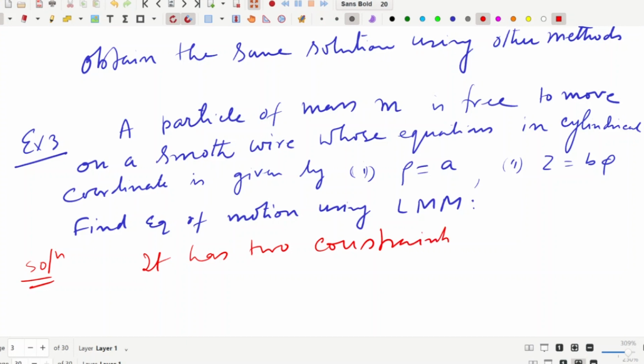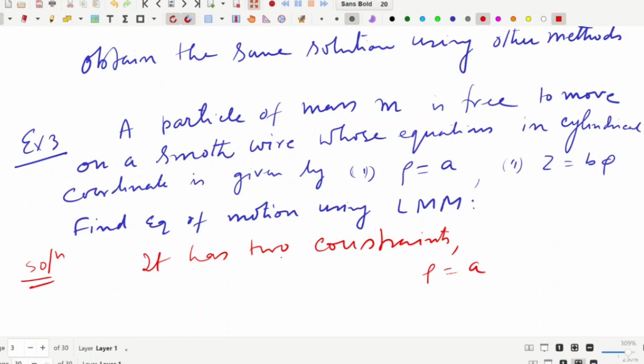So first step, we need to write the constraint in the desired form, right? Rho equal to a, the constraint can be written as d rho equal to 0. Okay, I have two constraints, so I have to be a little bit careful. So let me write proper notation.